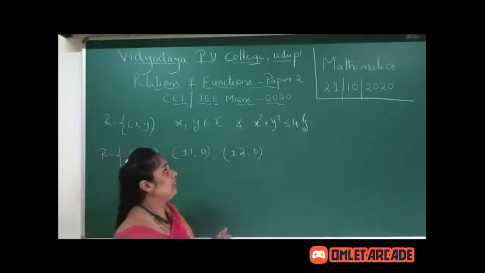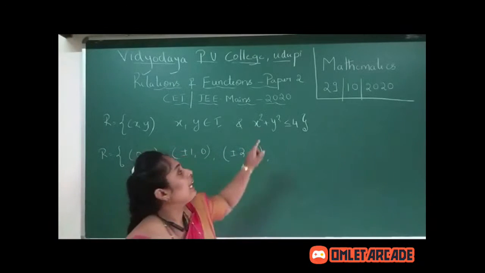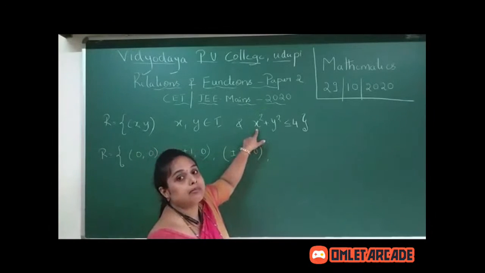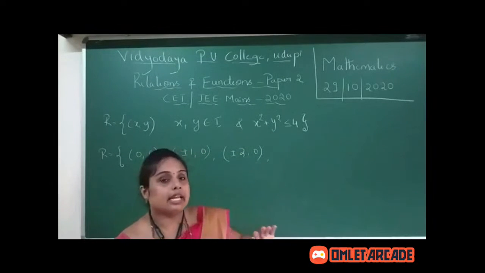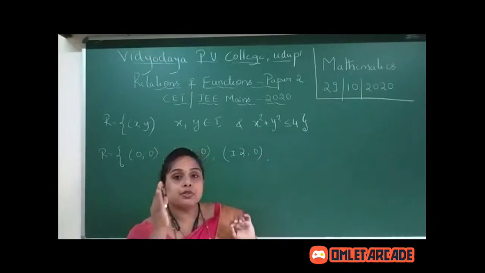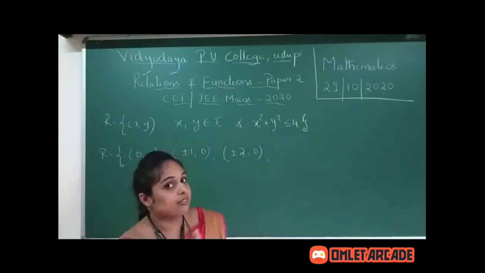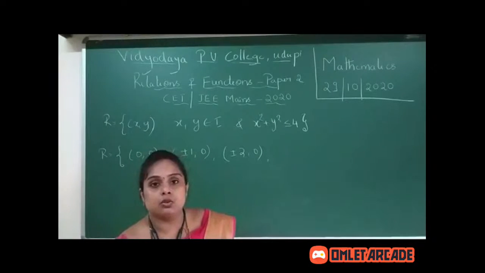Okay. Similarly, can I put x as plus or minus 3? If I put 3, it will become 9. And if I put y as 0, 9 plus 0 is 9, and 9 will be greater than 4. So in the place of x I can substitute 0, 1, 2, minus 1, minus 2.